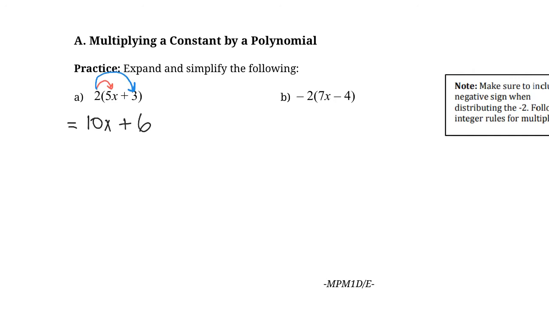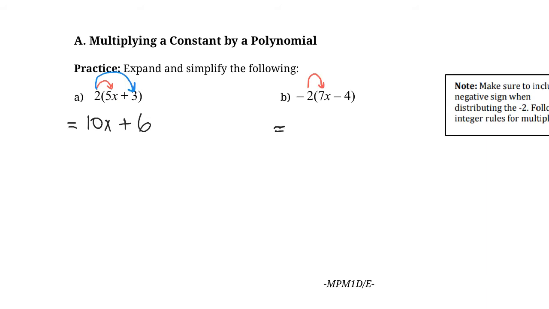All right, on to the next one. The next one is negative 2 multiplied into 7x take away 4. Same rules apply, but we have a couple of different signs to work with this time, so we just have to be careful with that. We're going to start with negative 2 multiplied by 7x.